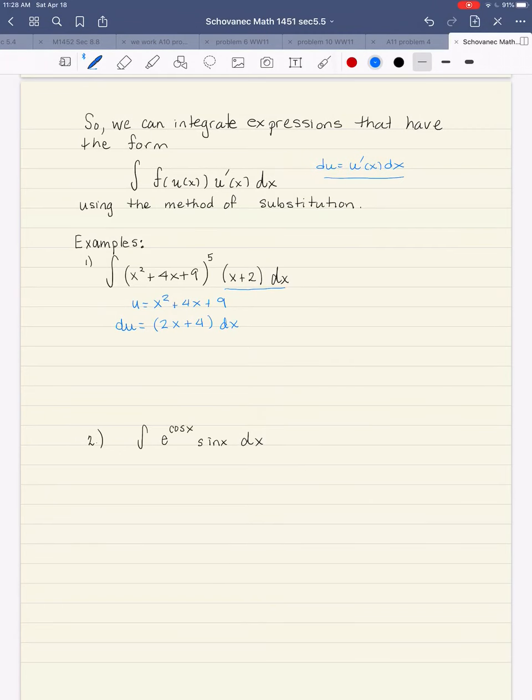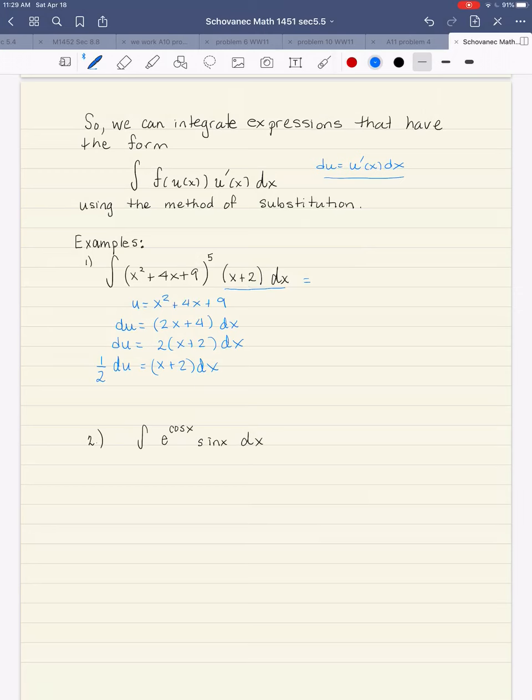So to make these two match, I can do a couple of things. I can take the 2 out of here and move it over to the du, or put the 2 into the original equation and take it out with a 1/2. I'm going to take it out of here. I'm going to write du is 2 times x plus 2 dx, and then to make those two match, I'm going to move the 1/2 over with the du.